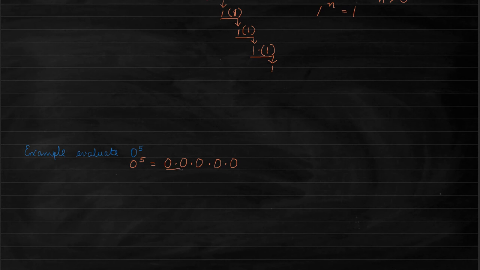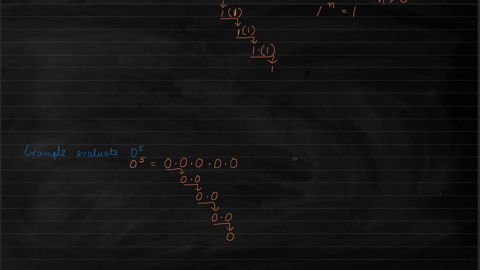Okay, if we do the multiplying, we get 0 times the next 0 would give me another 0, times the next 0 another 0, times the next 0 another 0. No matter how many zeros I multiply together, I will always get 0.